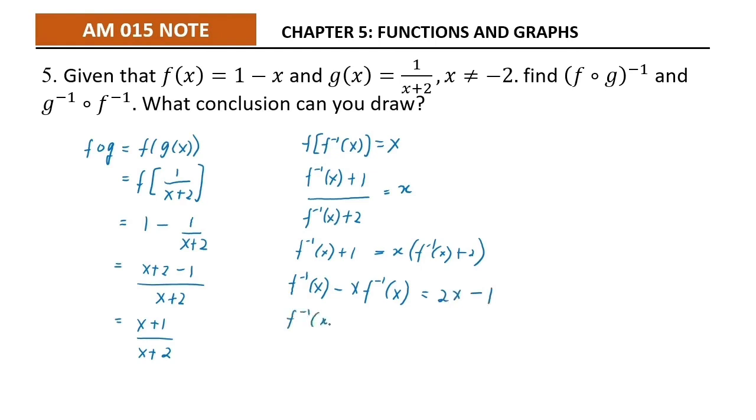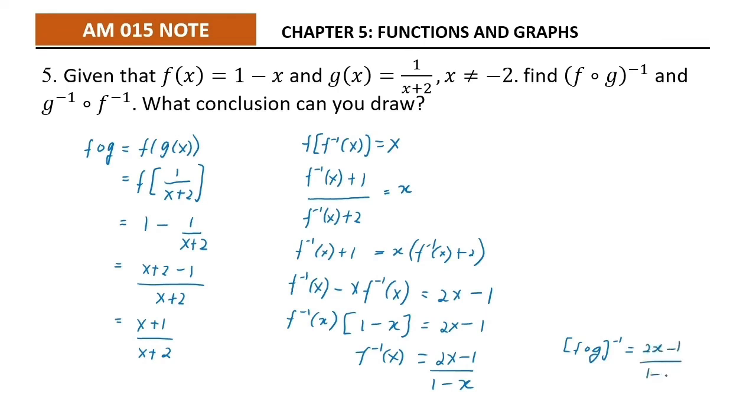Factorize f inverse, (1 minus x) f inverse equals 2x minus 1. So f inverse equals (2x minus 1) over (1 minus x). This f is actually f of g, so (f of g) inverse equals (2x minus 1) over (1 minus x).